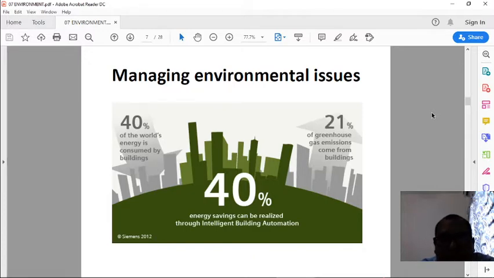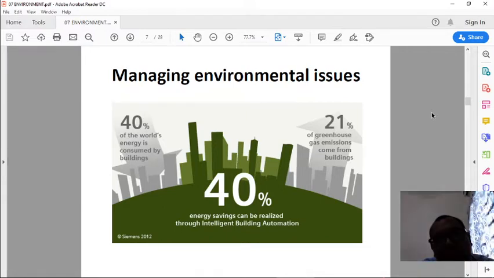So based on this, if we can integrate new propositions or even new phenomena, like in your case studies, through intelligent building automation, about 40% of the energy savings can be realized. So we are the front runners for the properties, as we are the property managers.